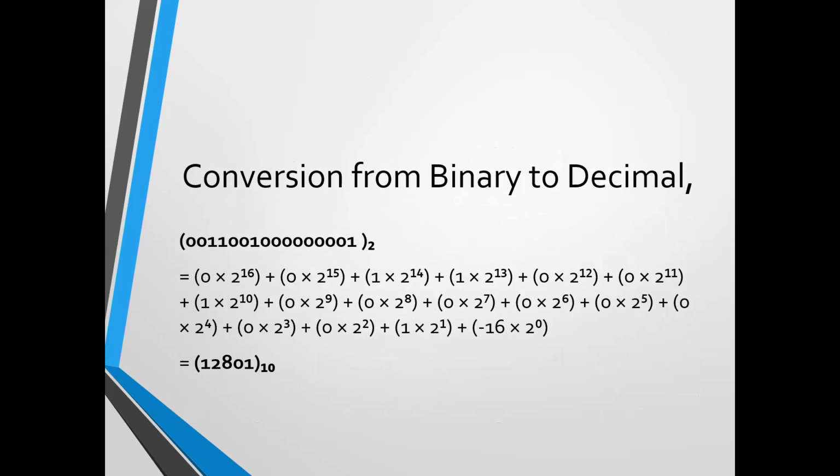to decimal numbers. So we get them, see 0 times 2 to the power 16. Let me quickly annotate and show us where we start from. Yes, we start right from here. This is the power 16, power 15, all the way until we get to the power of 0. Just take note of it. This is not minus 16.